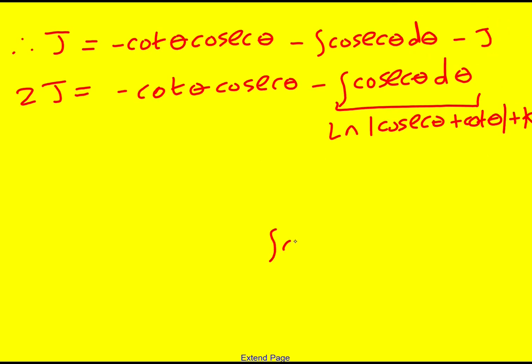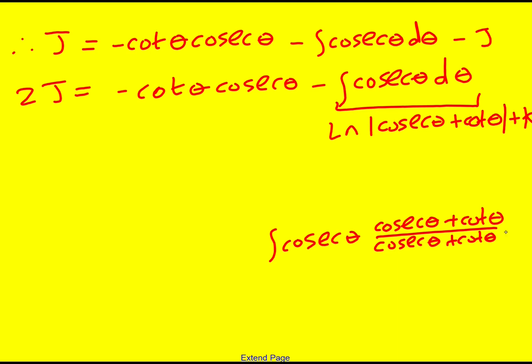I'm going to talk a little bit about it because there is more than one way, but we're going to rewrite it as cosec theta and then times through by cosec theta plus cot theta, which is not an obvious thing to do at all. And by the time you've done this, you might as well have just learned what the answer is. But this is how you can do it.